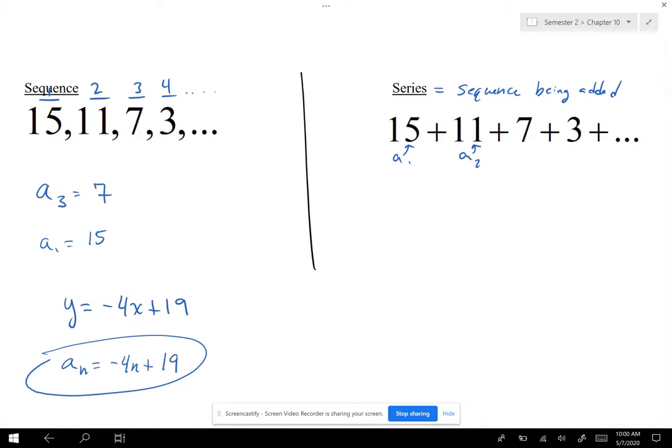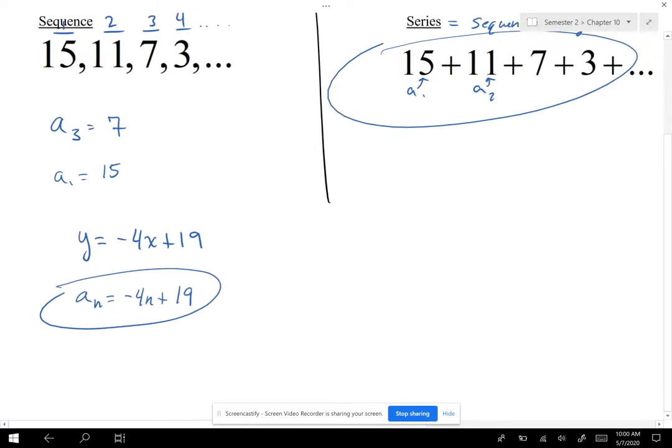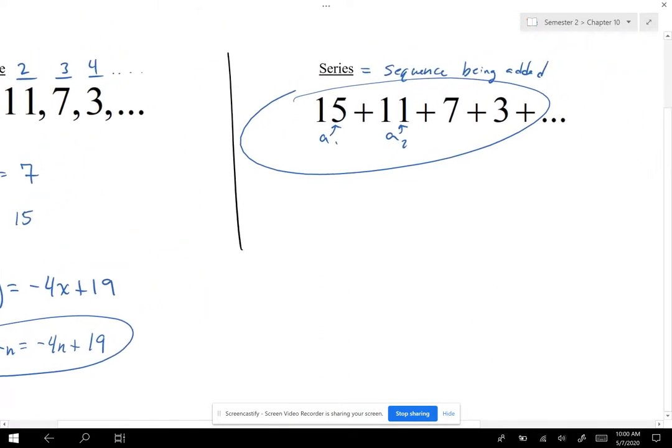And there's no equation for it. The equation for this series would still be this equation, but you wouldn't write it just like this. You would use the capital letter S. So it would be S sub n equals negative 4n plus 19.